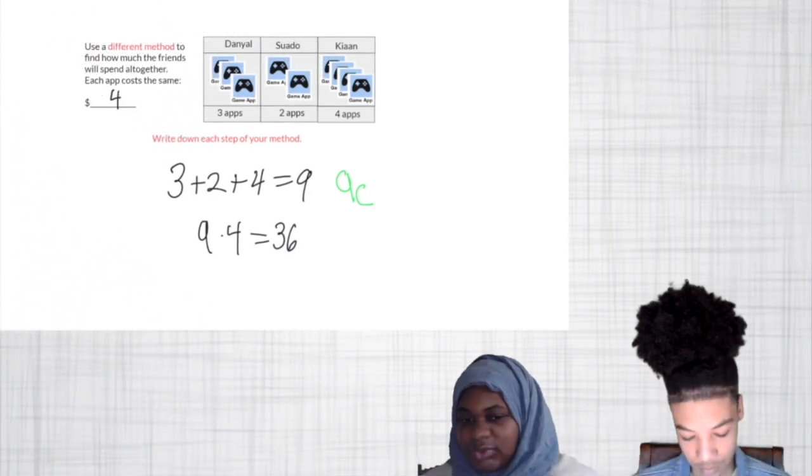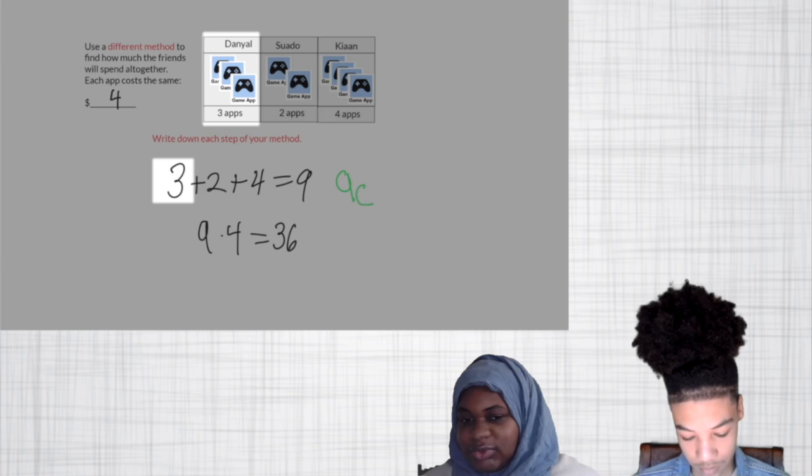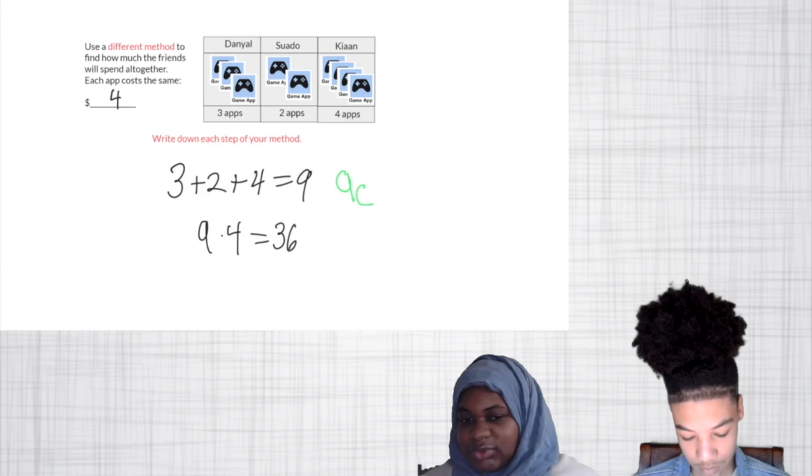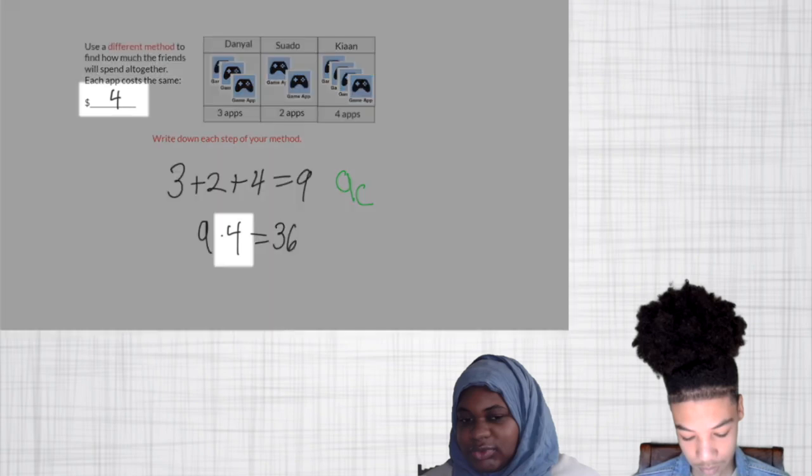Haleemah and ET just found another way to find the total amount spent by the friends. They knew they could add the number of apps each individual purchased, 3 by Danielle, plus 2 by Swado, plus 4 by Kian, to get 9, and then multiply that by the cost per app, $4. The result was $36.